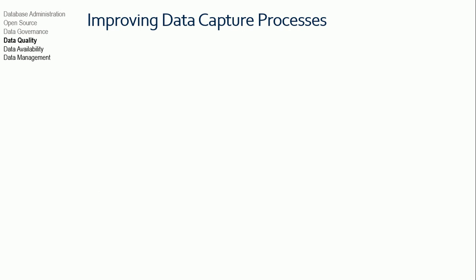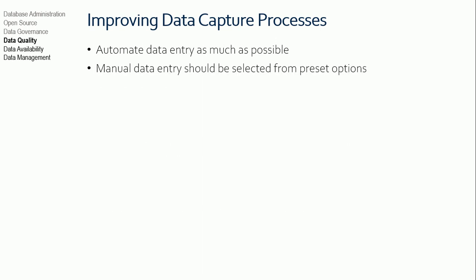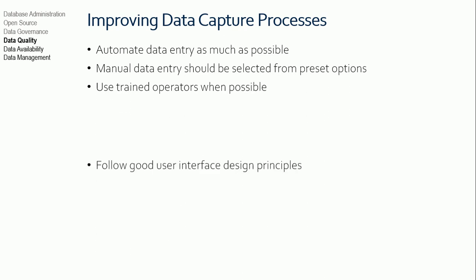So as far as improving data capture processes, we should automate our data entry as much as possible. Computers make fewer mistakes than humans, obviously. Manual data entry should be selected from preset options, where we sort of pigeonhole users into specific options whenever we can. Use trained operators whenever possible.